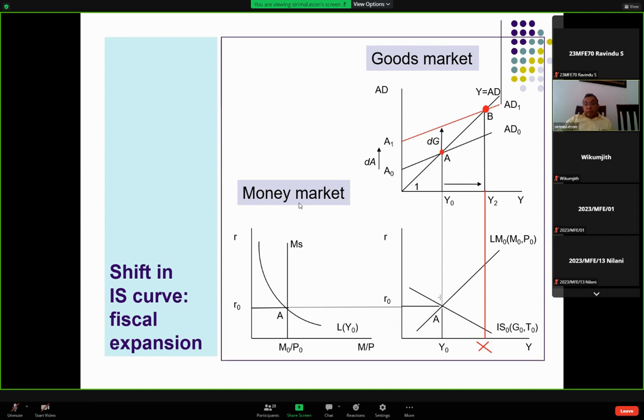If we extend this line up to this point, you will understand how the IS line, that is this one, shifts to the right. It has to be like this.